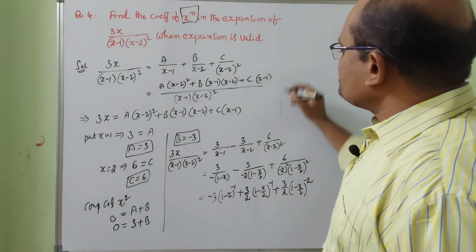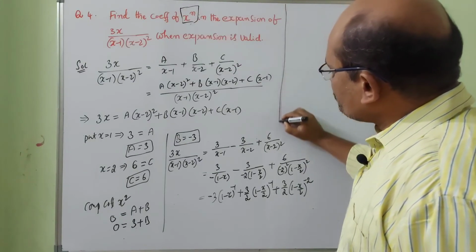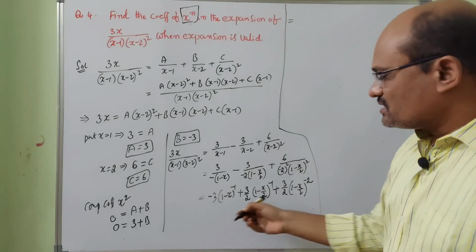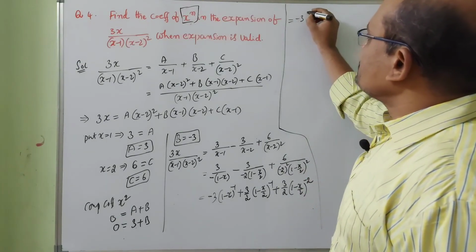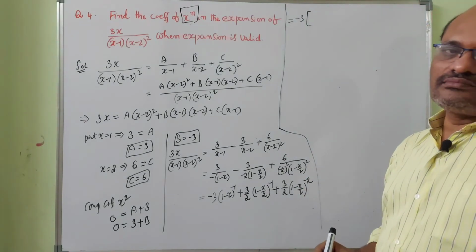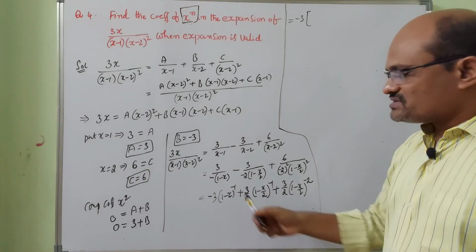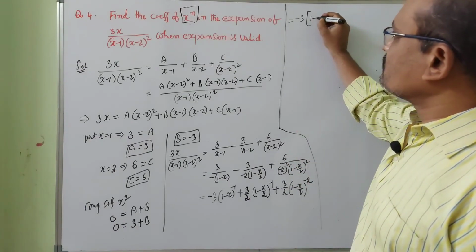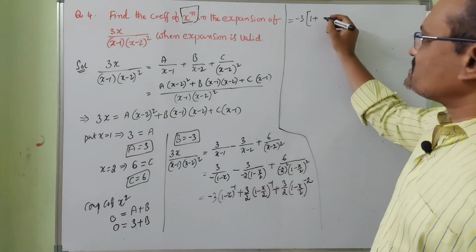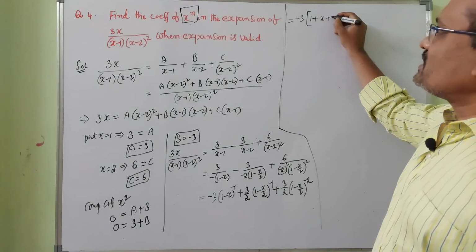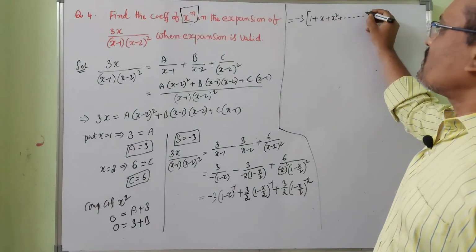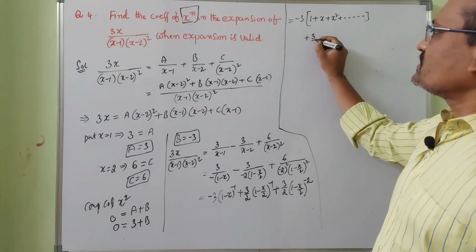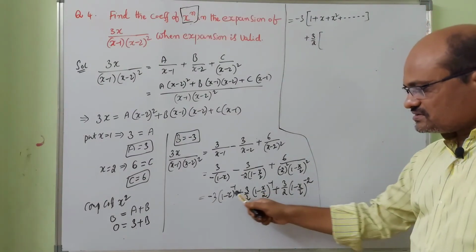Now what I do is, I will write the power series for all these three terms. Minus 3 into, use binomial theorem for rational index to write power series. You can view at the starting of the video. Now the expansion is 1 minus x power minus 1 is 1 plus x plus x square plus so on, plus 3 by 2 into, instead of x we have x by 2.